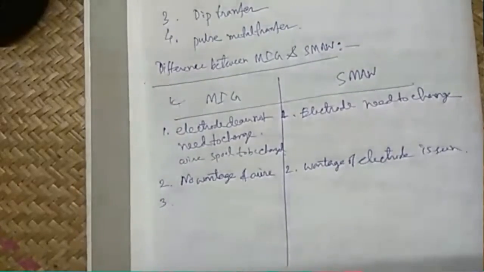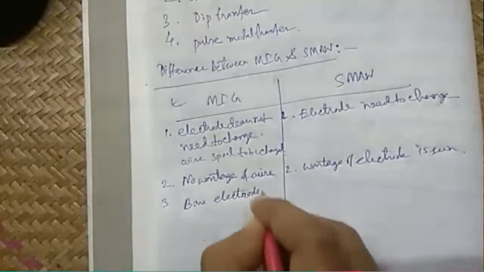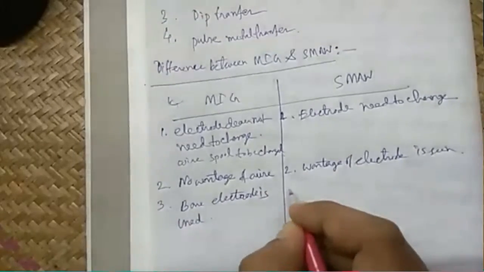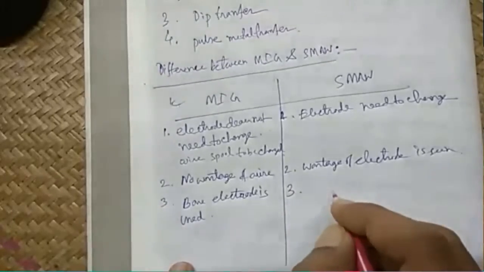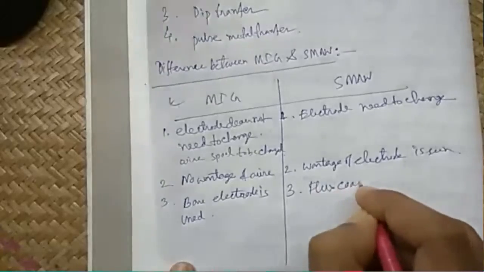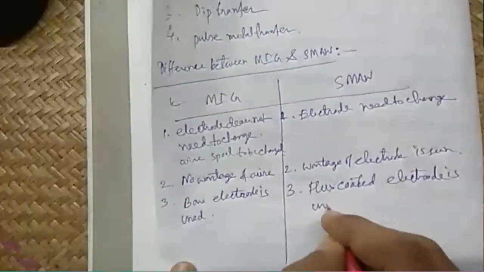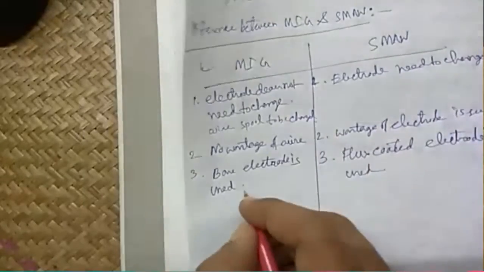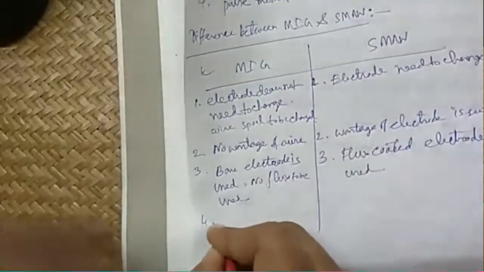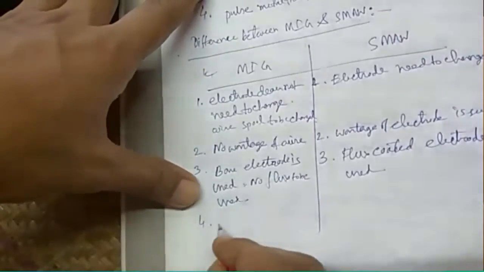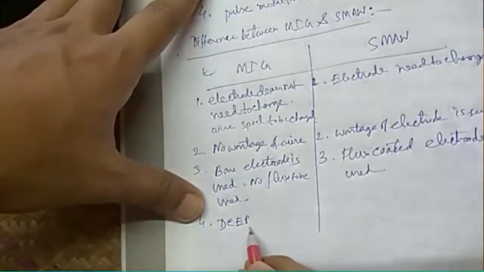Number 3, bare electrode or bare wire is used in MIG, and here in SMAW the flux coated electrode is used, and in MIG there is no flux to be used.